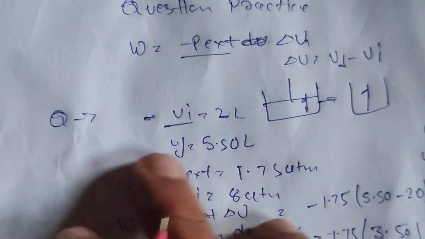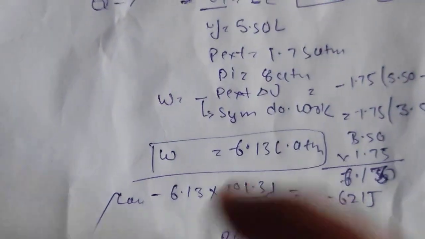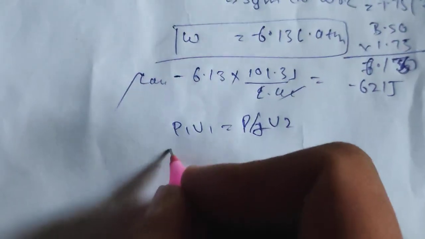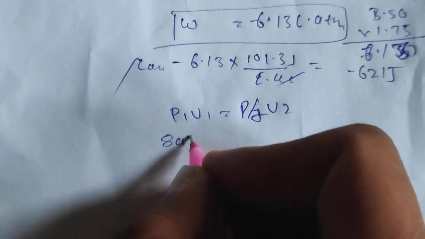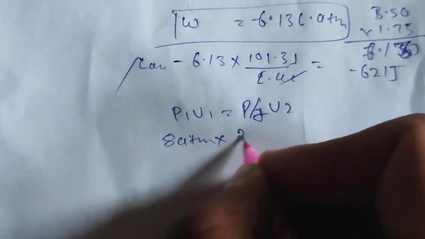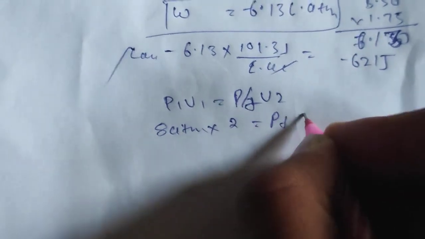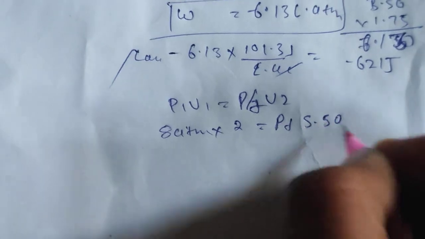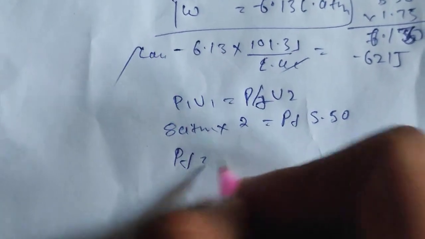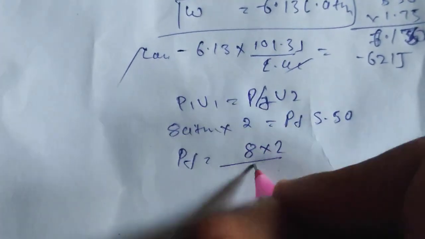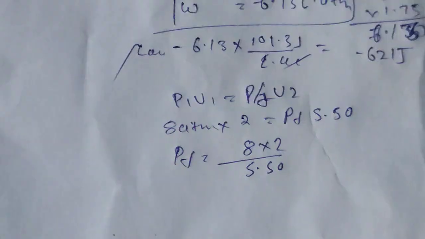What is our initial pressure? The initial pressure is 8 atm, into volume 2, and the final volume is 5.50. So P final becomes 8 into 2 divided by 5.50.